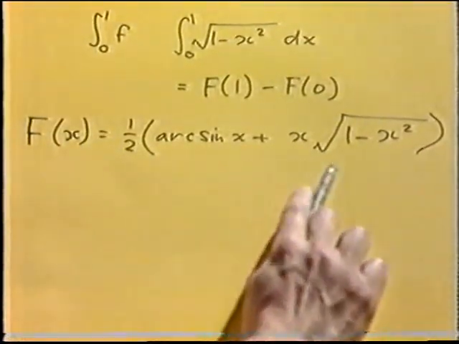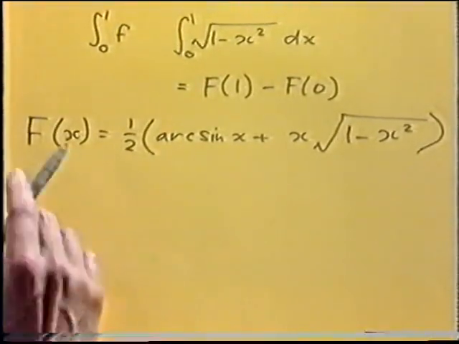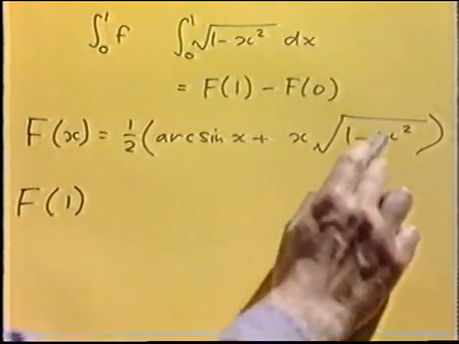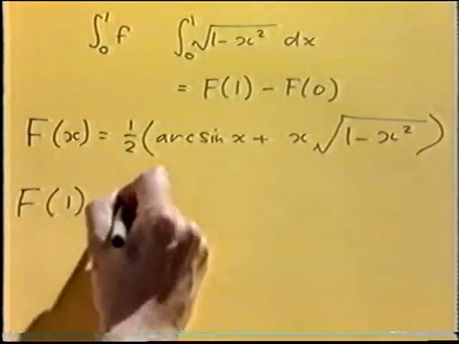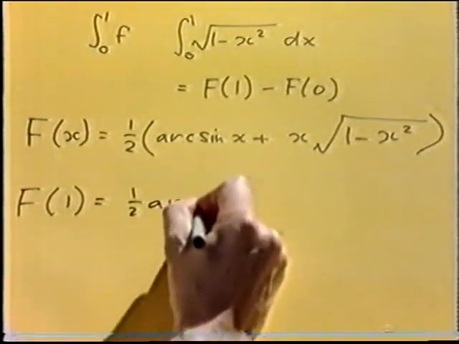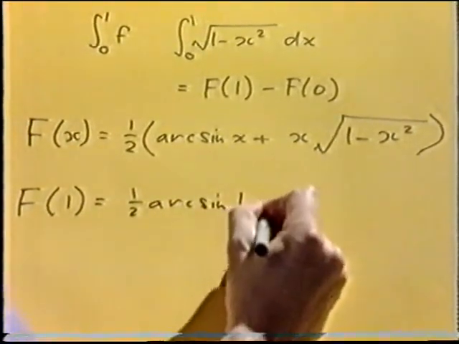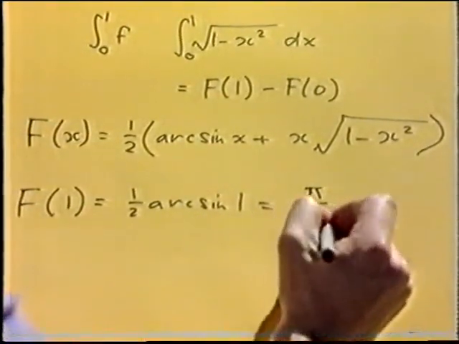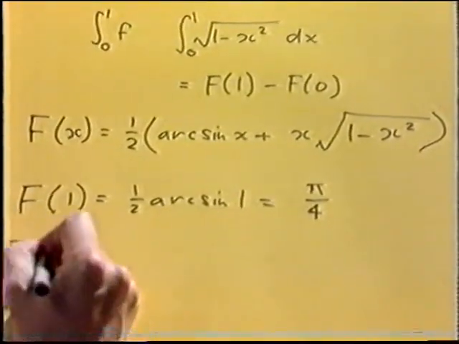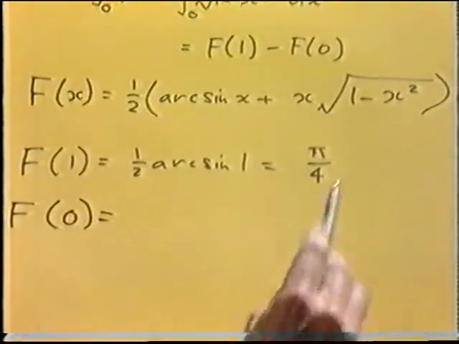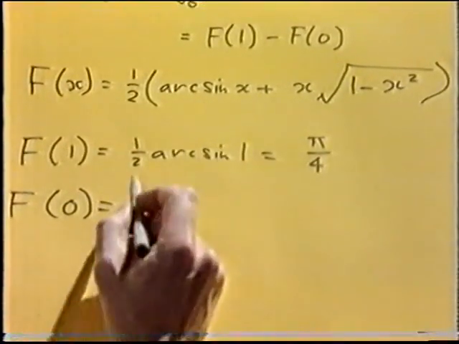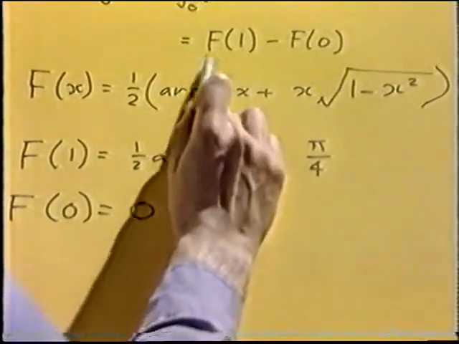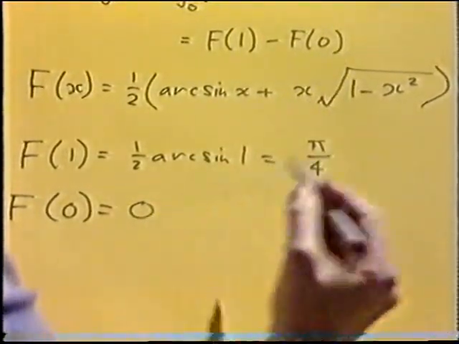So here's big F. If I put x equal to 1 in here, this term disappears, and I'm left with a half arcsine 1, which is a half times pi over 2, which is pi over 4. And putting in 0, both these terms disappear, so F of 0 is 0. That means that F of 1 minus F of 0 is pi over 4.